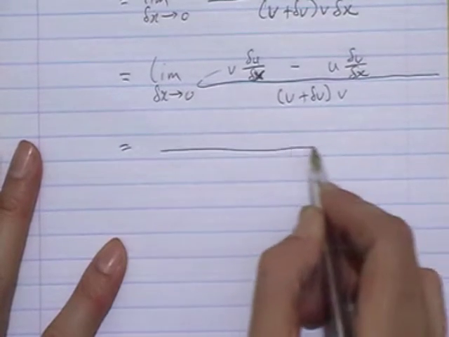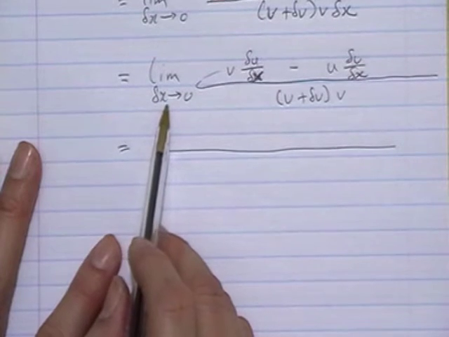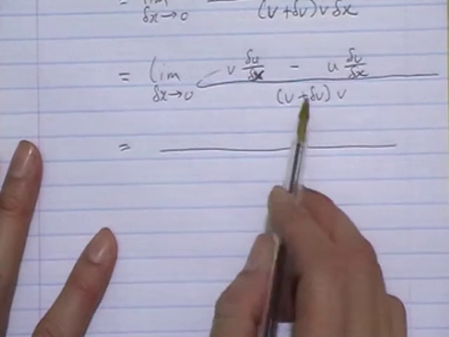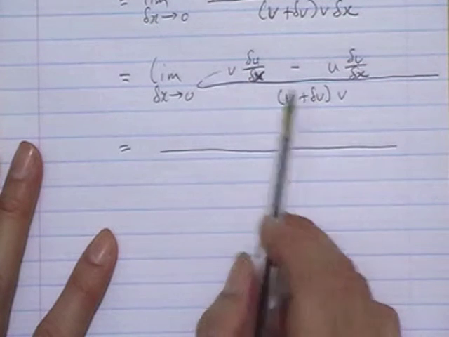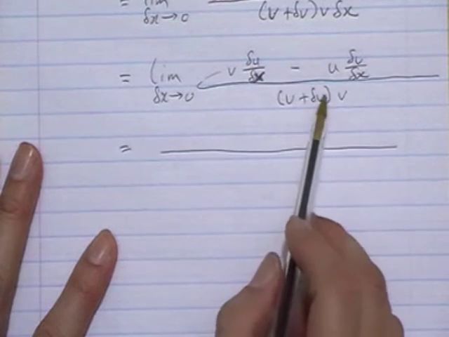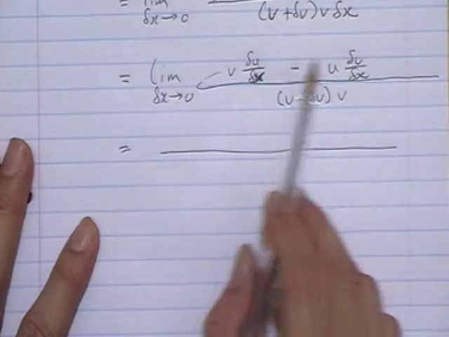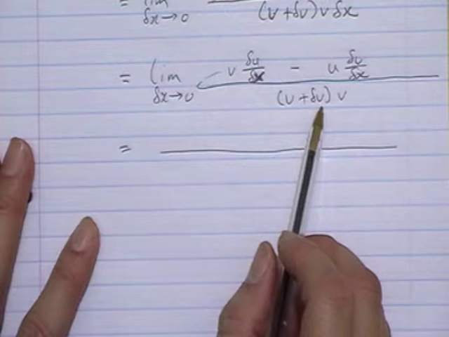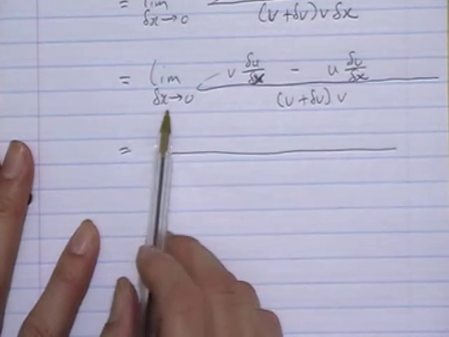Finally, let's allow delta x to tend to 0. Now when delta x tends to 0, both delta u and delta v would tend to 0, because delta u and delta v are the changes in u and v because of a change in x of delta x.